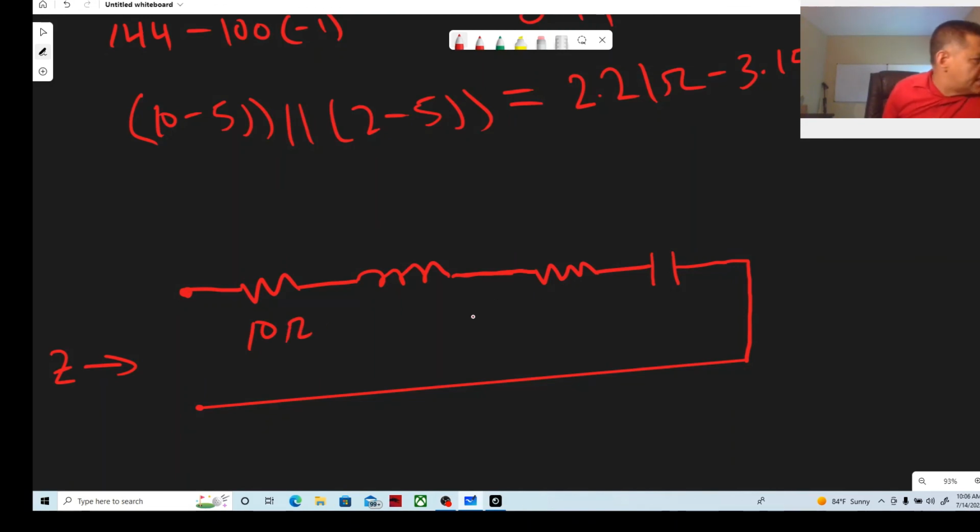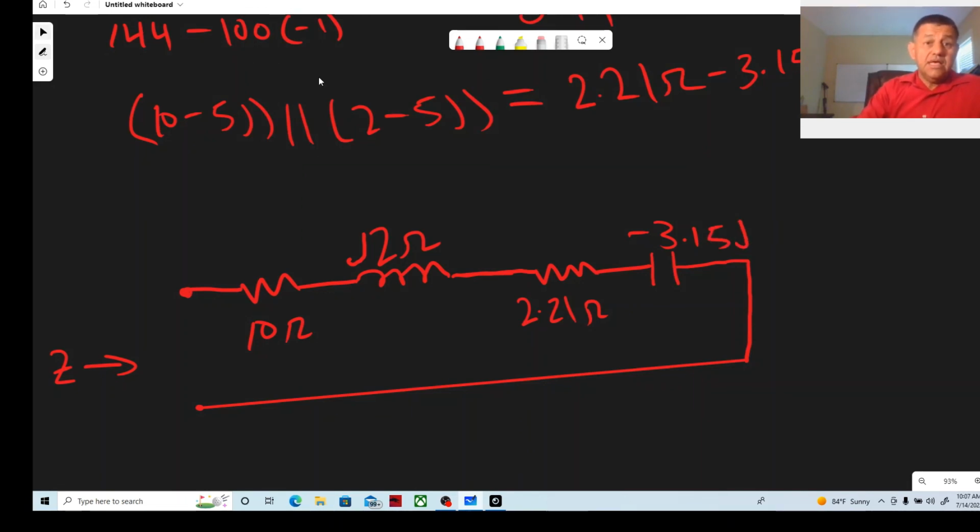Yeah. And this is j2, right? And then here is 2.21 ohms, and here we have negative 3.15j, right?